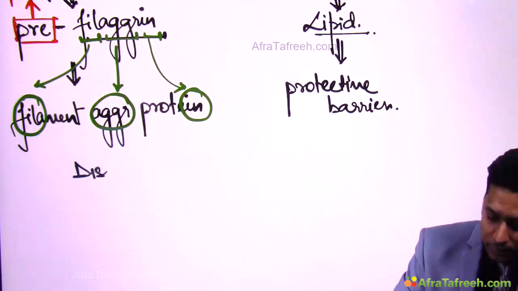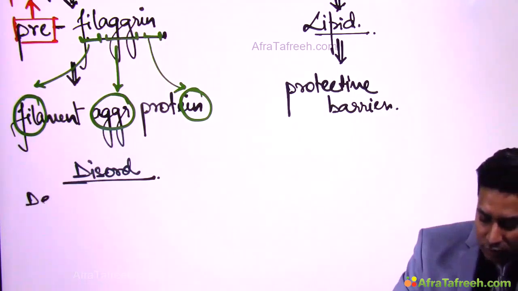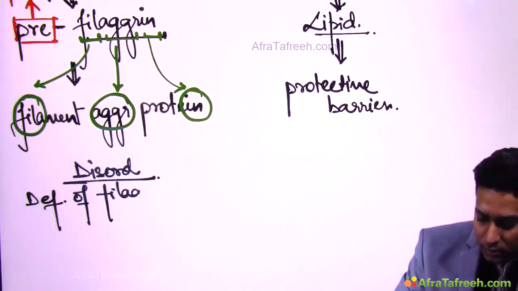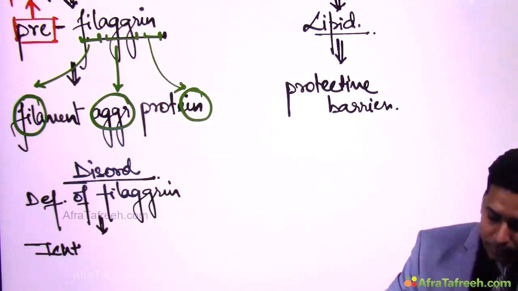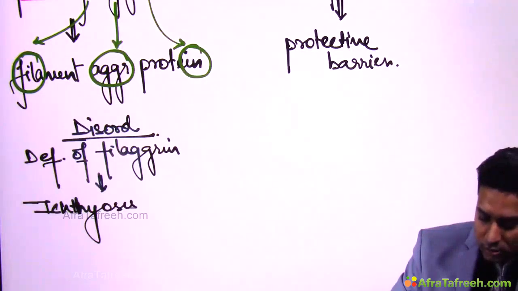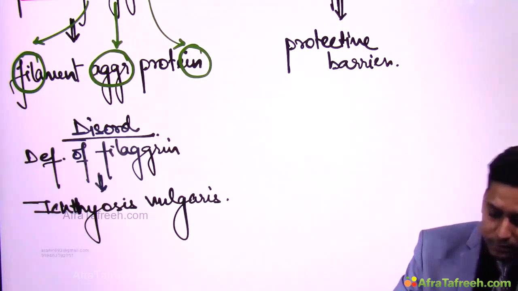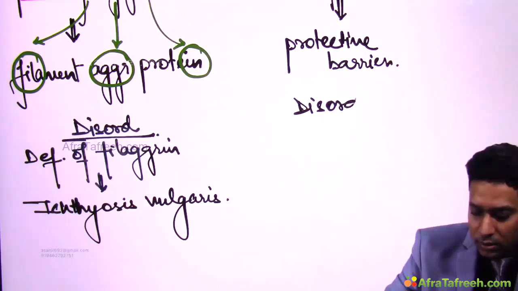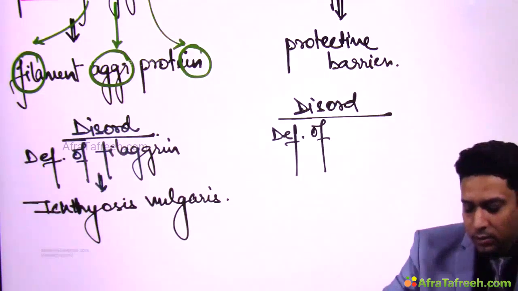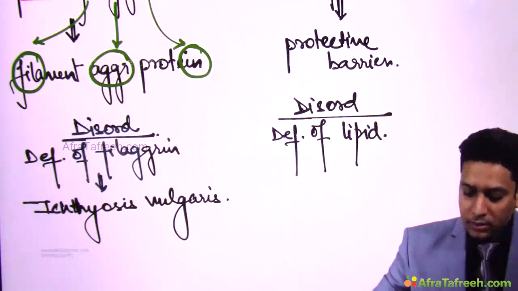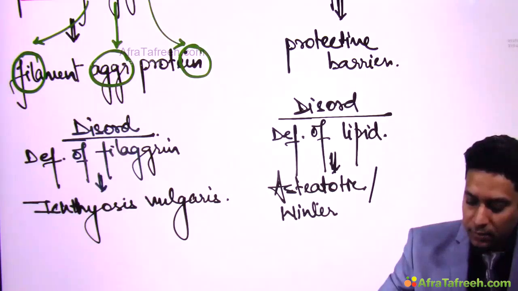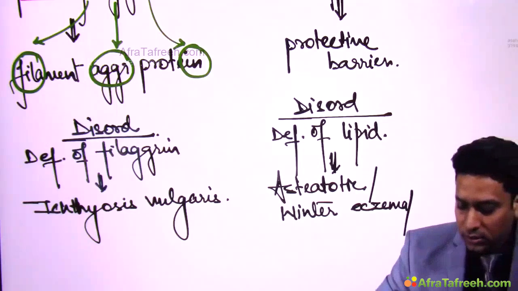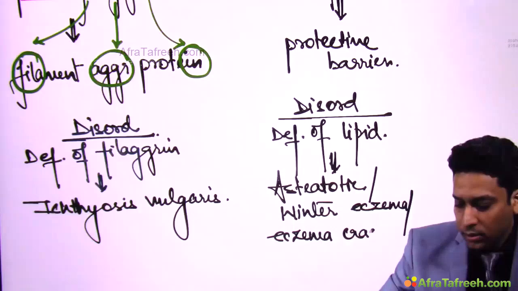The disorder which occurs due to deficiency of filaggrin is ichthyosis vulgaris, and the disorder due to deficiency of lipid is steatotic eczema, which is also known as winter eczema, also known as eczema craquelé.